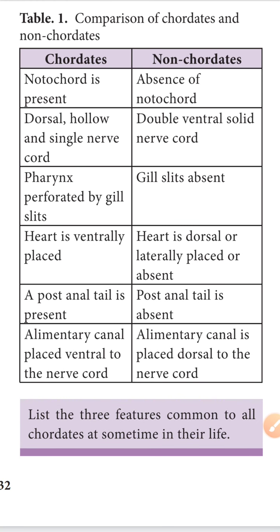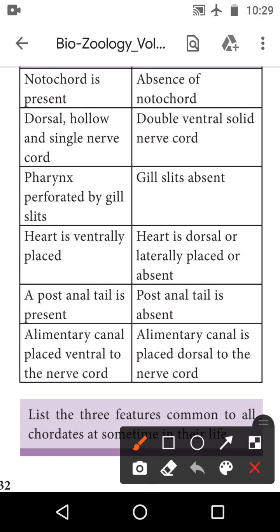What are the comparisons? In chordates the notochord is present, but non-chordates have an absence of the notochord. Dorsal hollow single nerve cord is present, but non-chordates have a double ventral nerve cord.